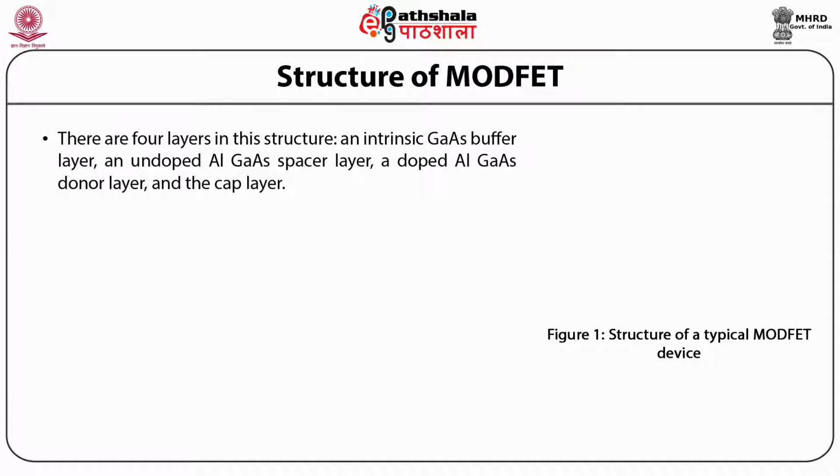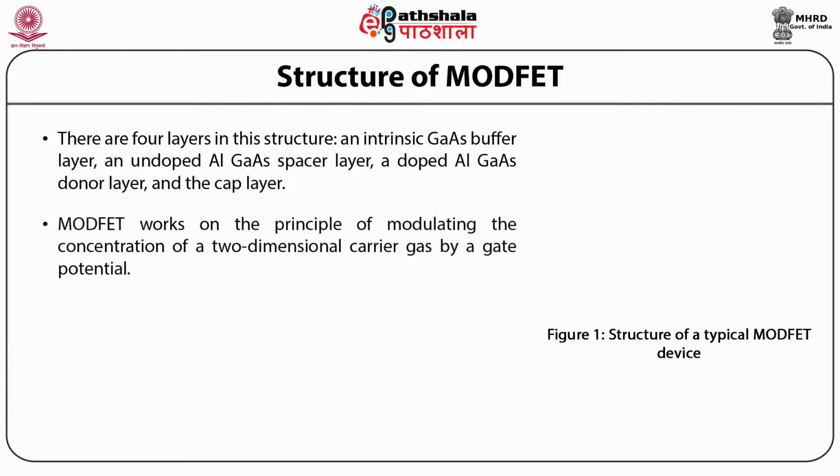There are 2 ohmic contacts and 1 gate electrode for providing the electrical connections of the transistor. MODFET works on the principle of modulating the concentration of a two-dimensional carrier gas by a gate potential.